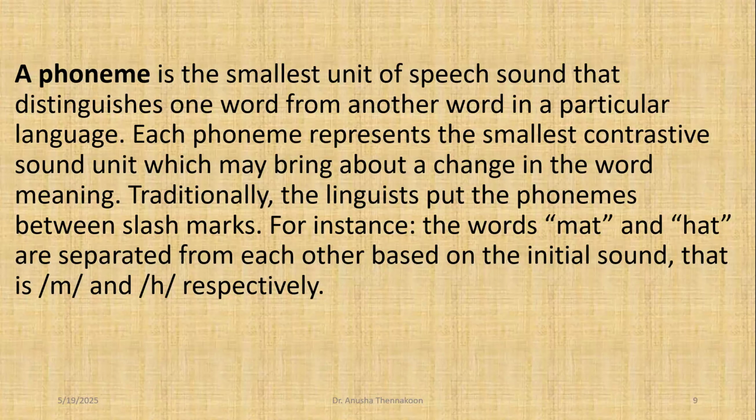So m, h. They are phonemes. Because of this single phoneme, these became two different words. They are separated from each other based on the initial sounds. In these two words, the initial sound consists of two different phonemes, that is m and h respectively.